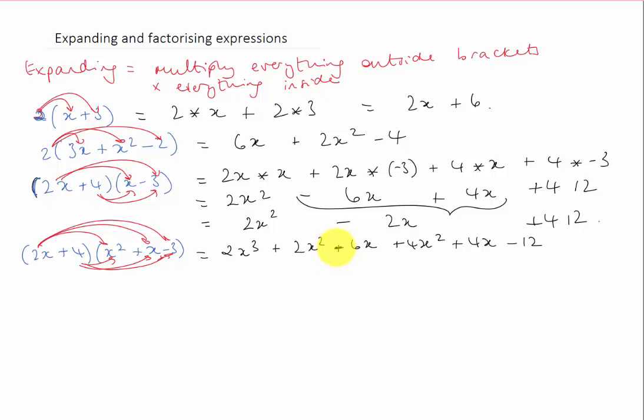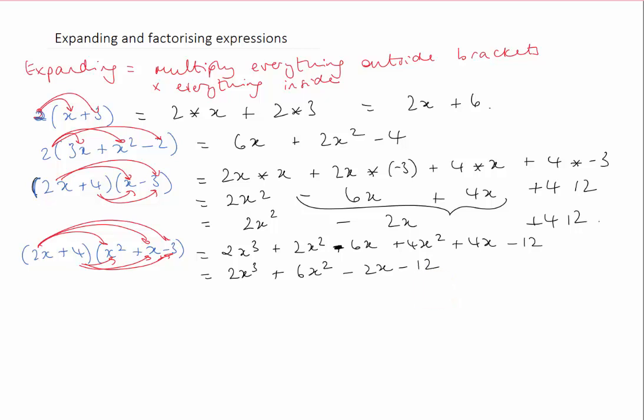Which would give us 2x cubed plus 6x squared. So we add the x squareds together, add the x's together, and the ones with no x on their own.